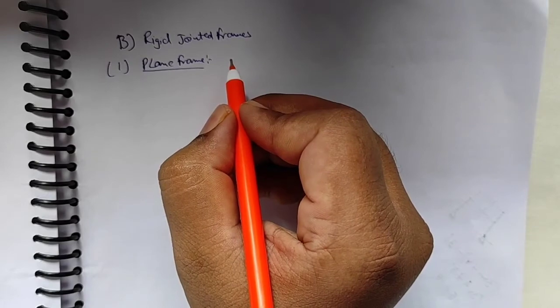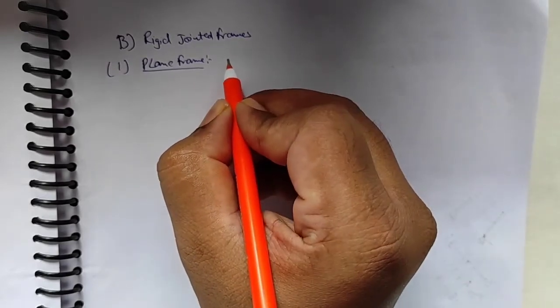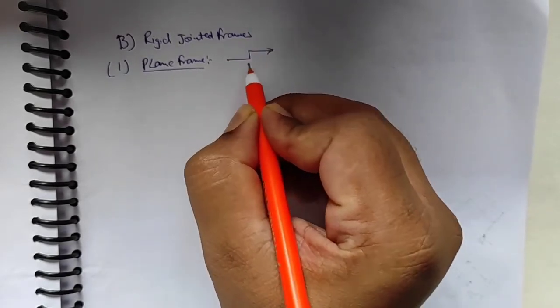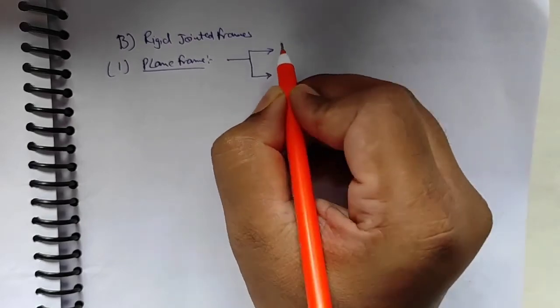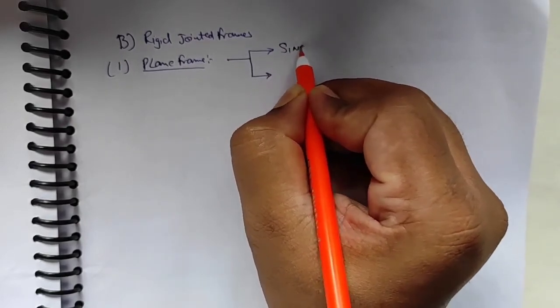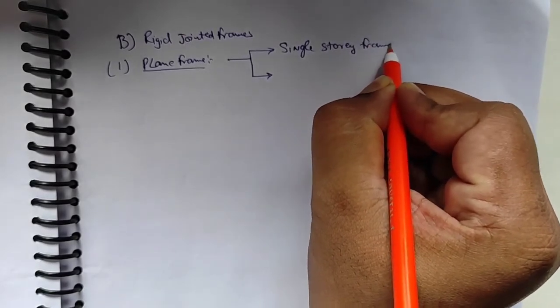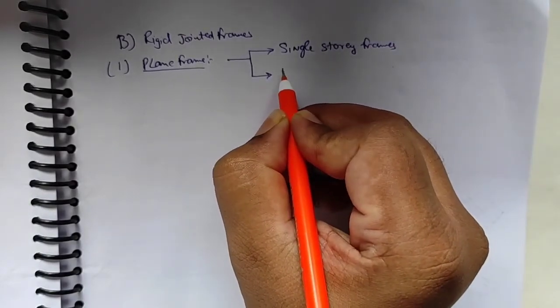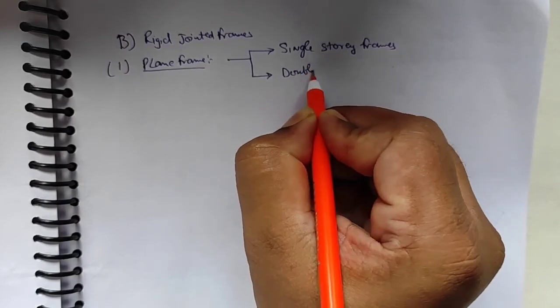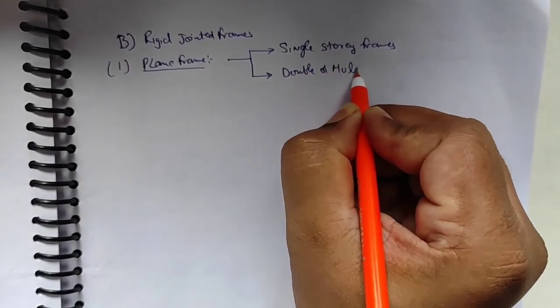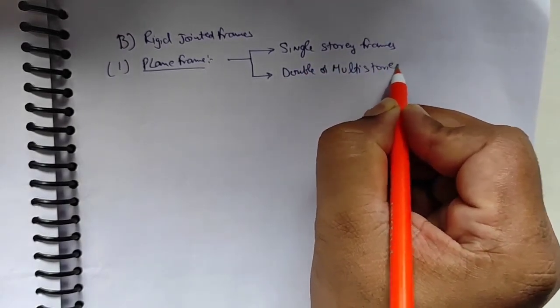So in the plane frames, again two points arise, that is, single story frames and double or multi-storied frames.